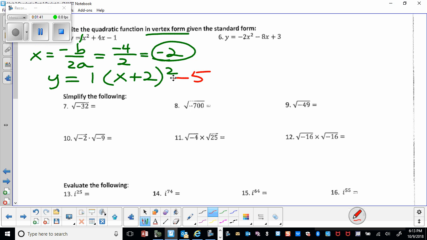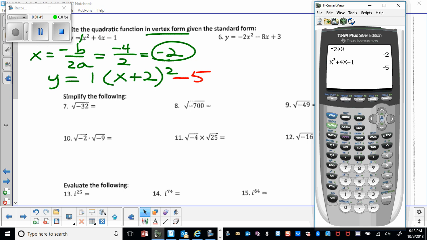And then I can always check this on my calculator. I'll go y equals, and I'm going to type in the standard form, so that would be x squared plus 4x minus 1. All right, and if I graph that, oh, there's my stuff from before.